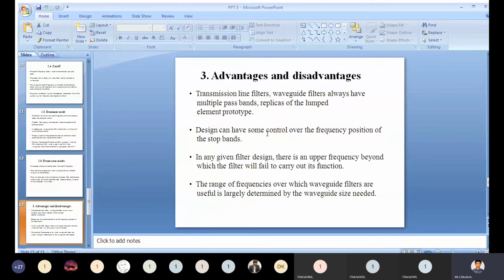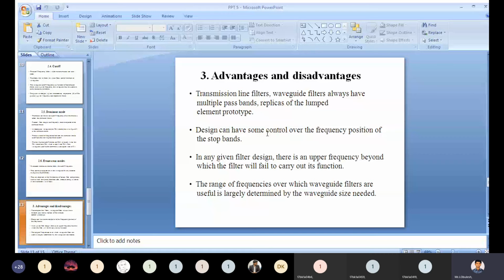But similar to the situation with waveguide cutoff frequency, the filter can be designed so that the edge of the first band is well above any frequency of interest. It means that the range of frequency over which waveguide filters are useful is largely determined by the waveguide size needed.